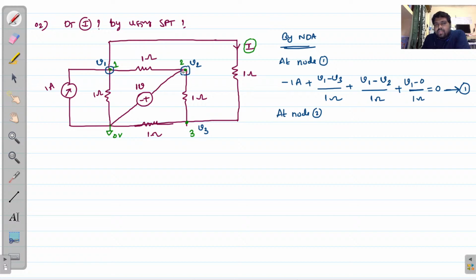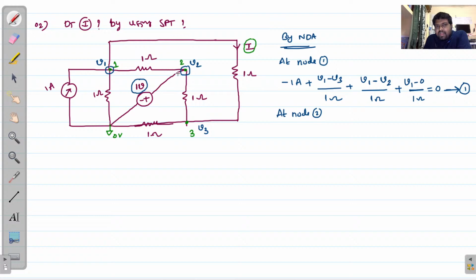Here we are connecting three branches: one is a 1 volt branch, another is a 1 ohm branch, and another is a 1 ohm branch. Here we have 1 volt, and here we have the node voltage V2. So V2 equals 1 volt.